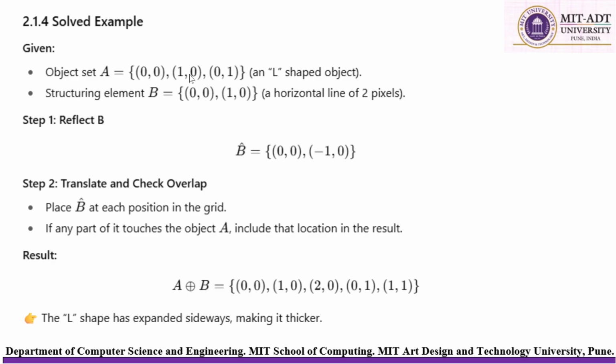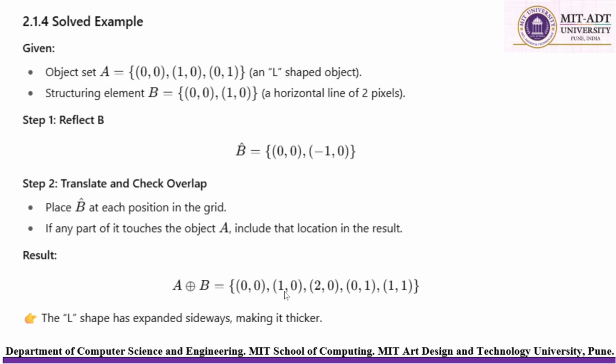So here, place this B on each position on this grid of L shape. Whatever part it touches of the object A, include that location in the result. So if I perform A overlapped with B, this 0 0 overlaps with this, so 0 0 comma 1 0 comma 0 1 overlapped with 0 0 minus 1 0.